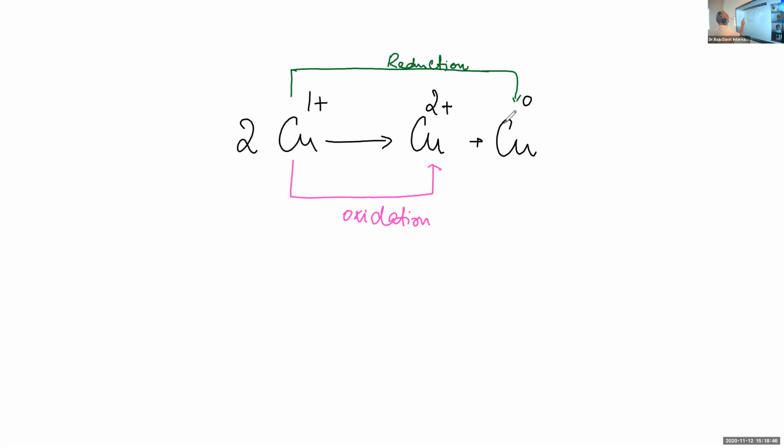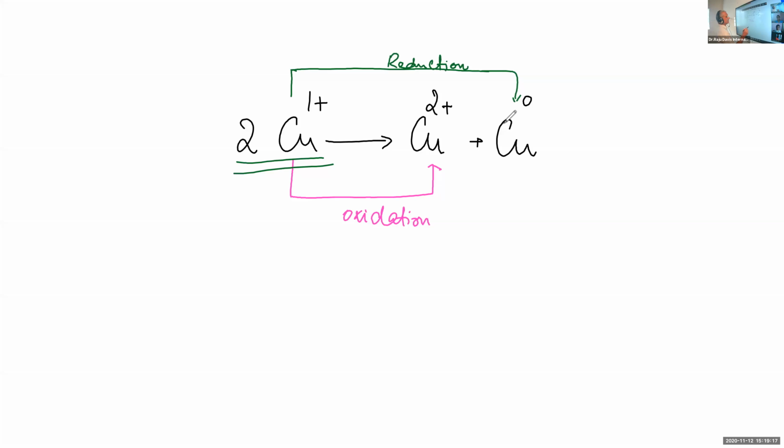You see here there are two ions. Out of two ions, one is oxidized and the other is reduced. So the oxidation and the reduction are for the same reactant. Simultaneous oxidation and reduction for the same reactant.